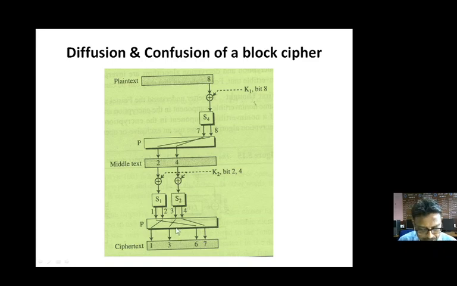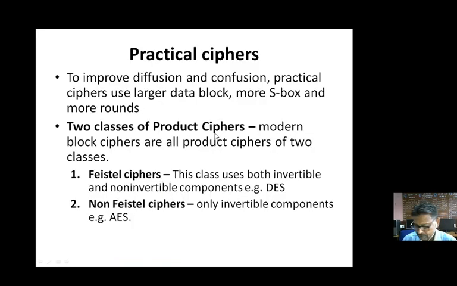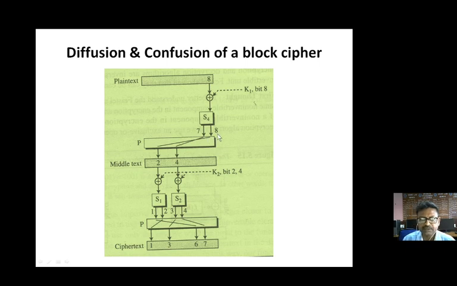So let us now discuss diffusion. Suppose there is a change in the 8th bit of the plain text. Then the 7th bit and the 8th bit will change. If the 7th and 8th bits change, the 2nd bit and the 4th bit of the middle text will change.